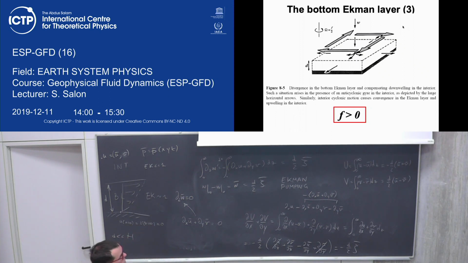Of course, you can also represent this by using the pressure, because never forget that U bar is minus 1 over f rho 0 dyP, and V bar is 1 over rho 0 f dxP.